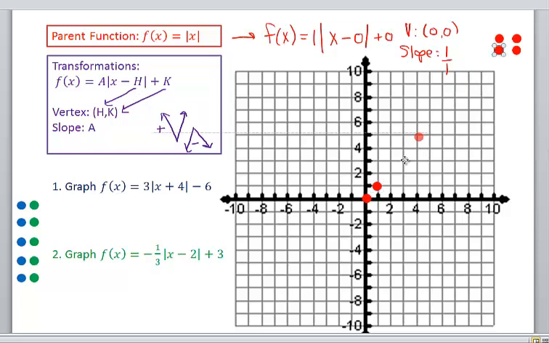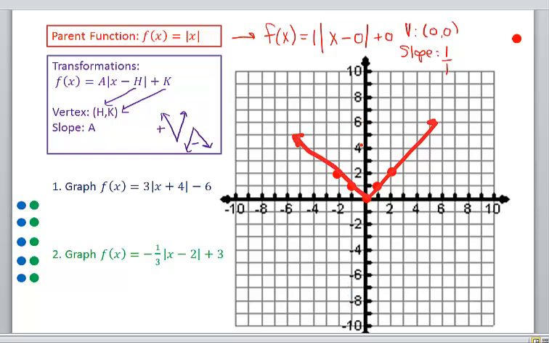And then again, from there, I'm going to go up 1 and to the right 1. And I can continue that as many times as I want. Then I'm going to mirror that. I'm going to go back to my vertex. Instead of up 1 and to the right, I'm going to go up 1 and to the left. Then similarly, I'm going to go up 1 and to the left from there. So if I connect these using a straight line, I'm going to get a V-shaped graph here.